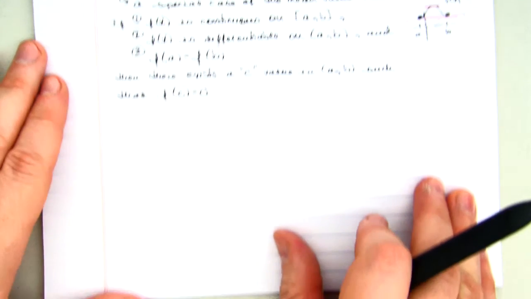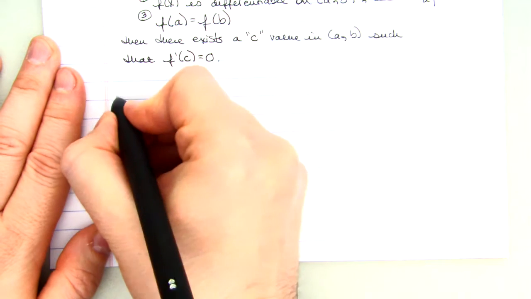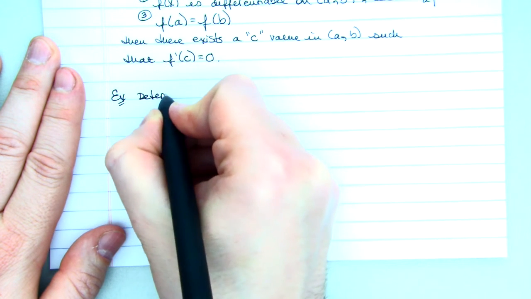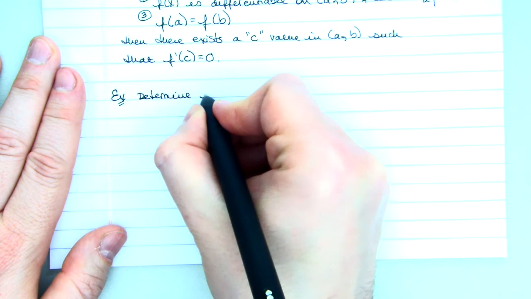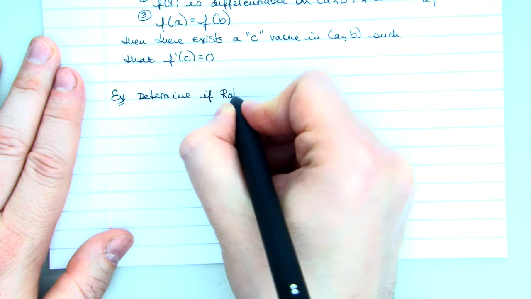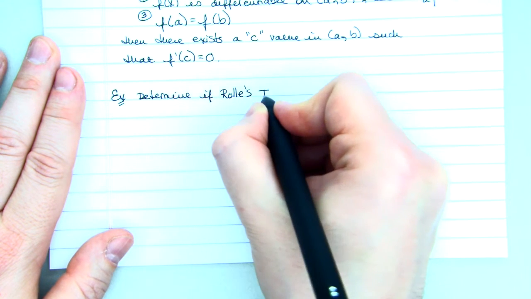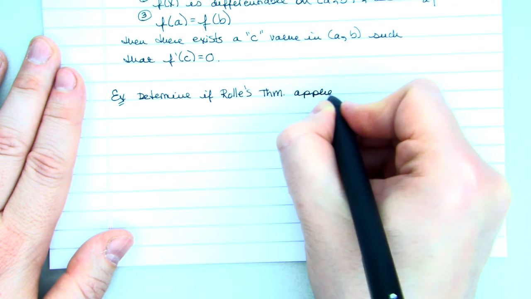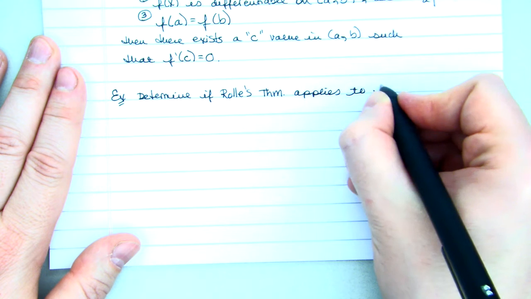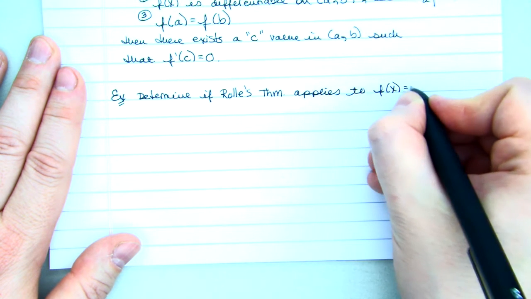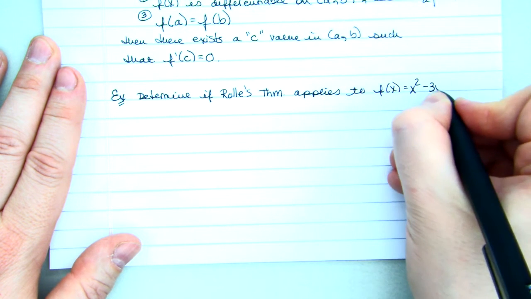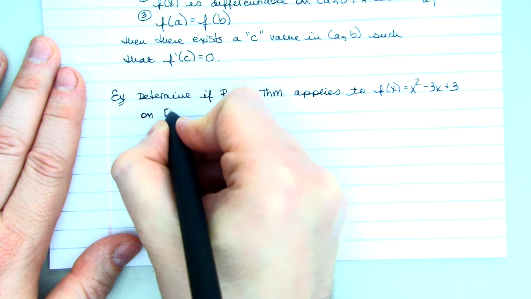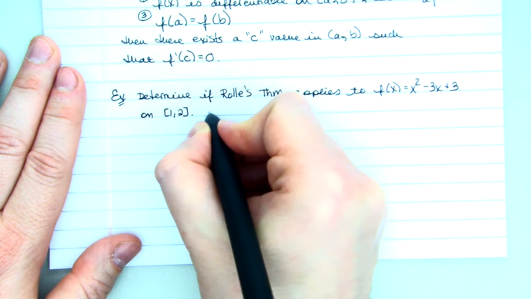Let me show you one or two examples of this. I want to determine if Rolle's theorem applies to f of x equals x squared minus 3x plus 3 on the closed interval from 1 to 2.